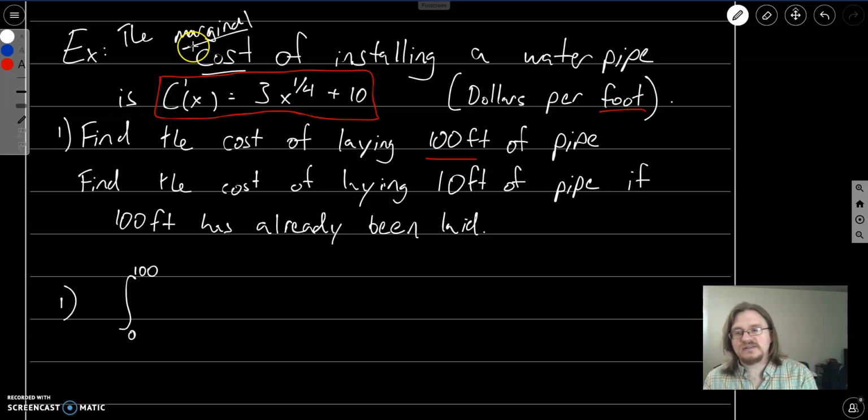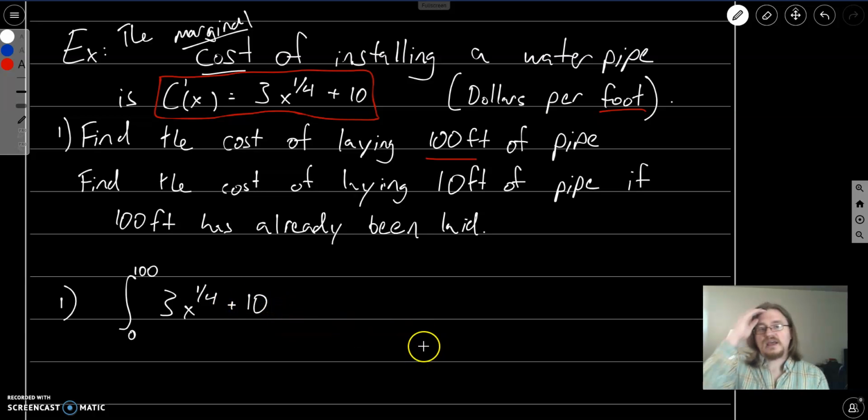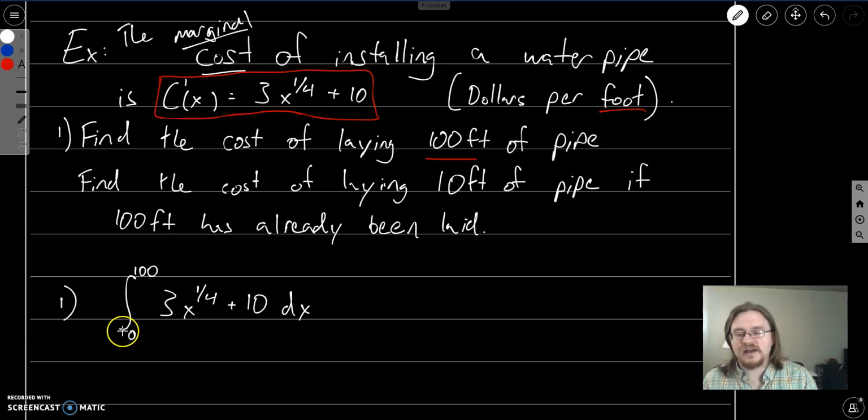When we want to turn marginal cost into cost, we take an integral. So here we've got the integral of 3x to the 1/4 plus 10, and can't forget our dx at the end. Again, this is measured in dollars per foot, so we want to multiply by feet, which indicates that we want to take an integral.